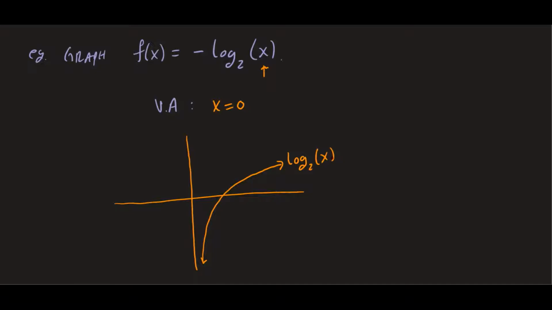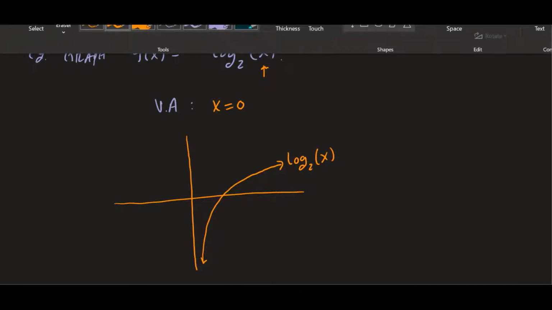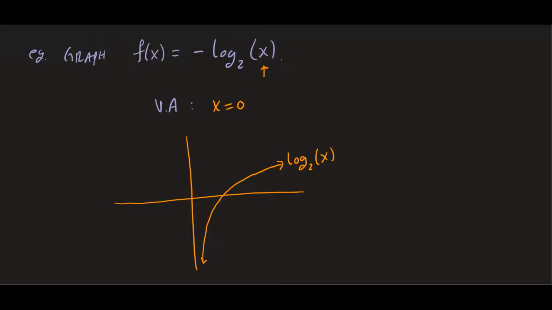So our graph is going to be reflected, and it would look something like this. This is the graph of negative log base 2 of x. As you can see, the asymptote didn't move from the original graph, so you can use a dotted line to indicate that x equals 0.